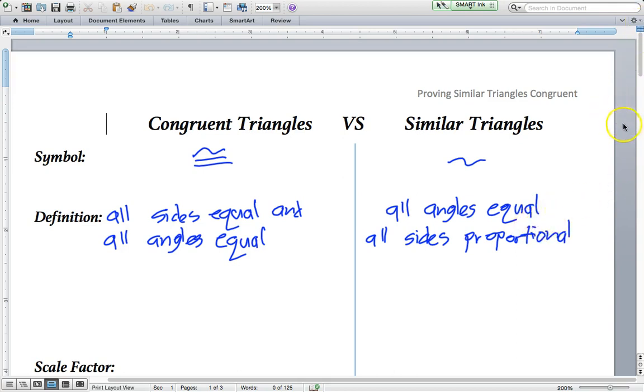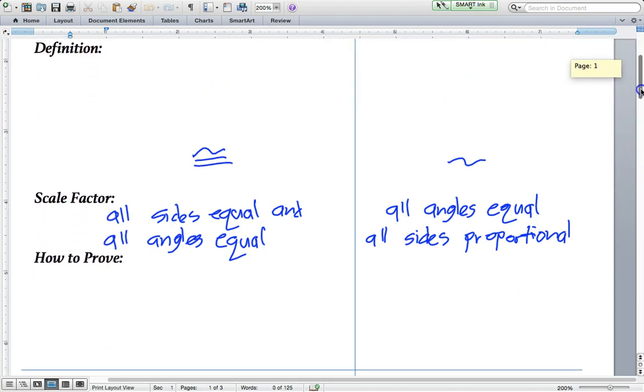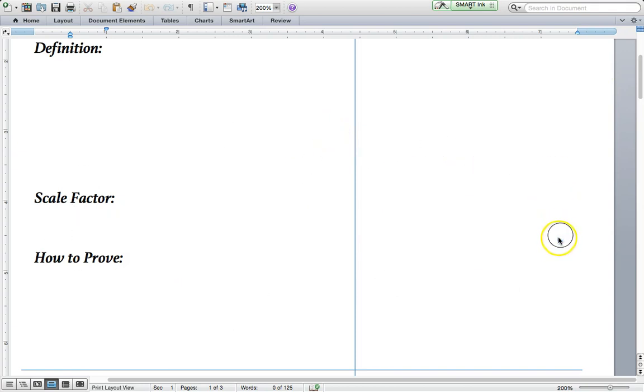Now the scale factor. The scale factor for congruent triangles is always going to be 1. If they're congruent, then the sides don't change, so the scale factor is just 1. But for similar triangles, the scale factor is going to be less than 1.